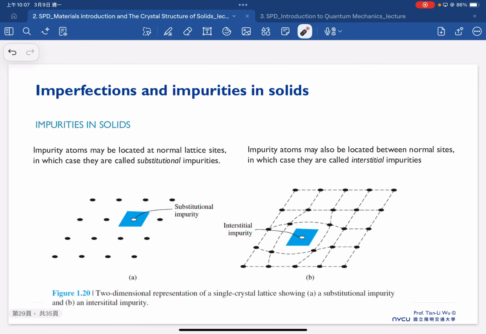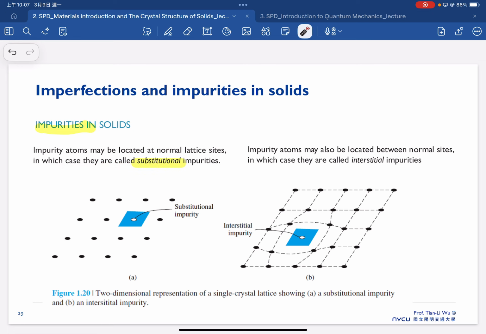Also, there's another one called the impurity. Still the same: no matter whether it's an imperfection or an impurity, we just consider that some additional atoms or charges come in, or some are missing from our original lattice. The impurity atoms might be located at a normal lattice site, which we consider substitutional.